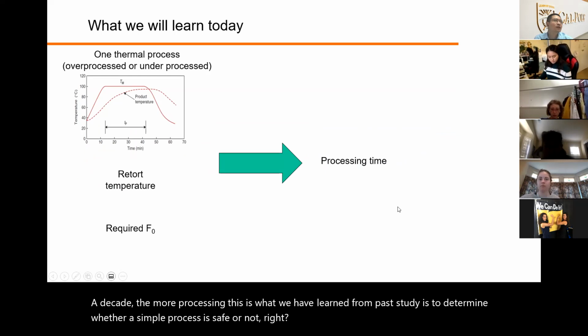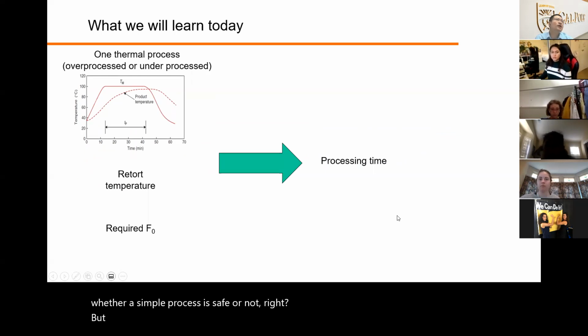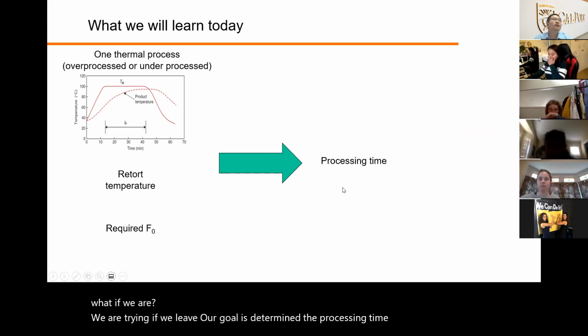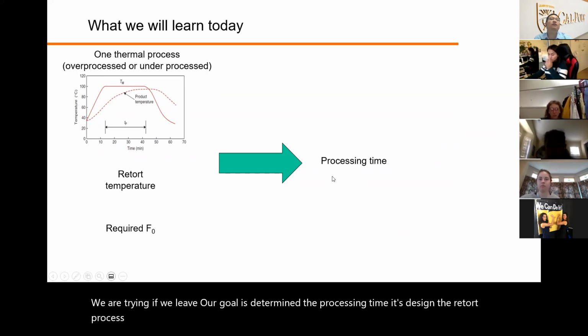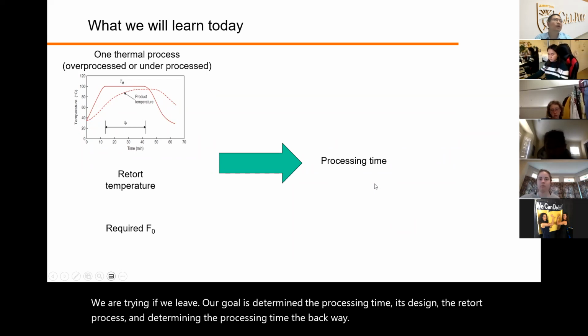But what if our goal is to determine the processing time, to design the retort process and determine the processing time the backward way? What can we do?